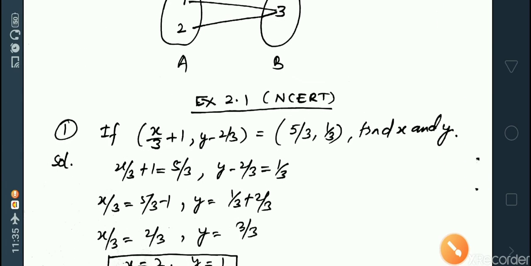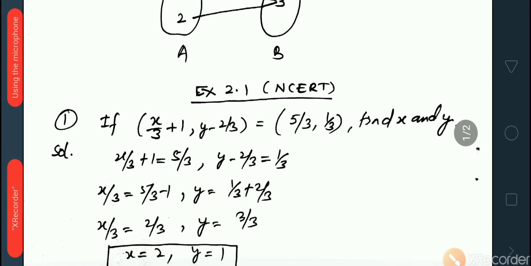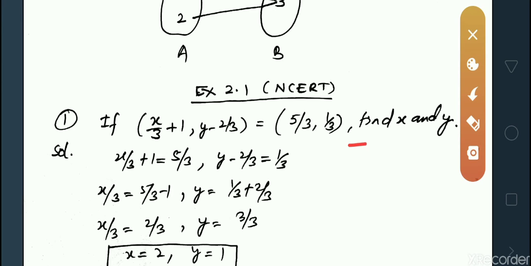Now move to exercise 2.1 of your NCERT book. Question number first. If (x/3 + 1, y - 2/3) = (5/3, 1/3), find x comma y. Students, as you know, two ordered pairs will be equal only if their respective elements are equal.